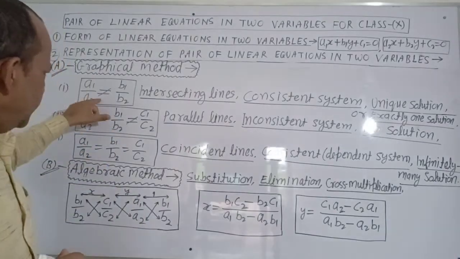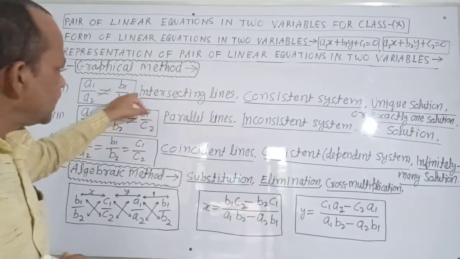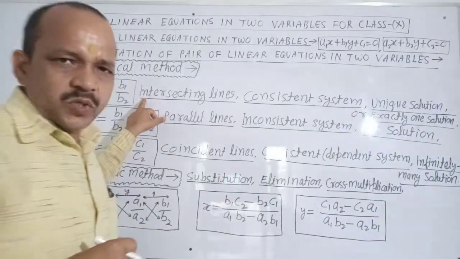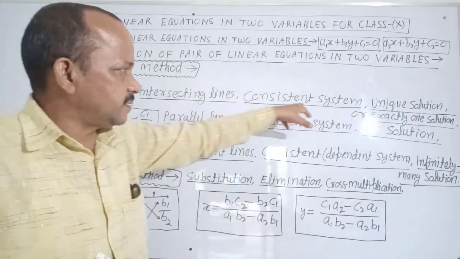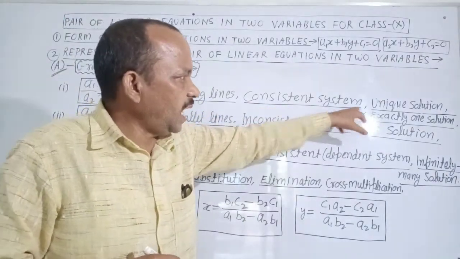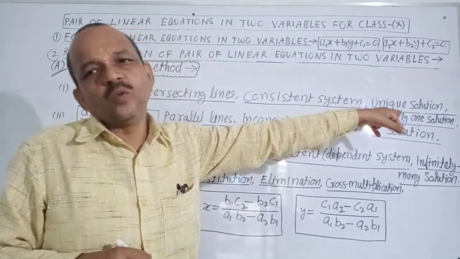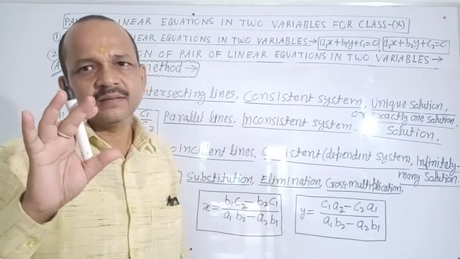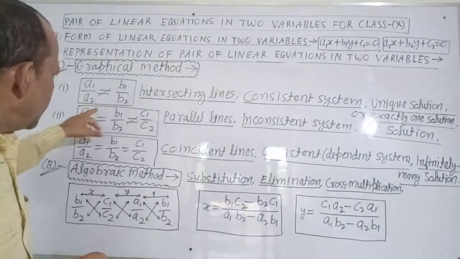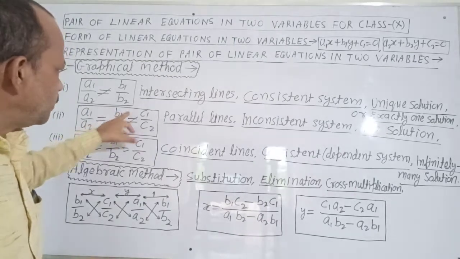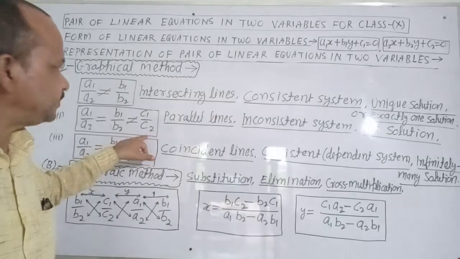First, a1 by a2 not equal to b1 by b2. It shows intersecting lines and consistent system and unique solution, or exactly one solution. It is clear, no confusion about it. Very good. Second, a1 by a2 equal to b1 by b2 not equal to c1 by c2.